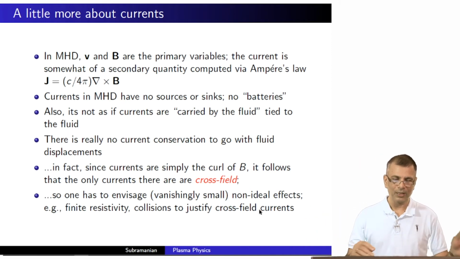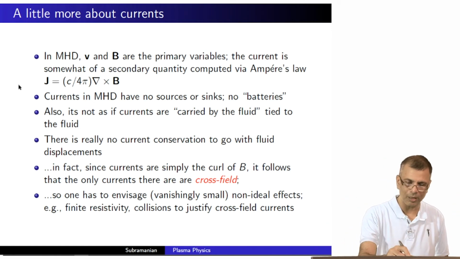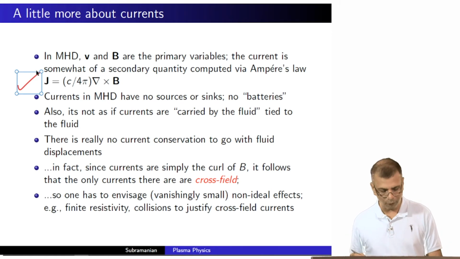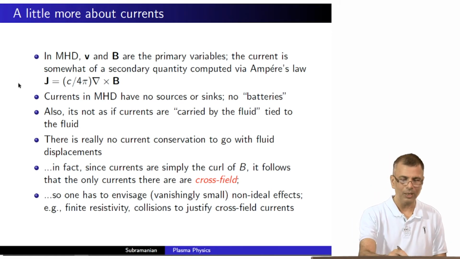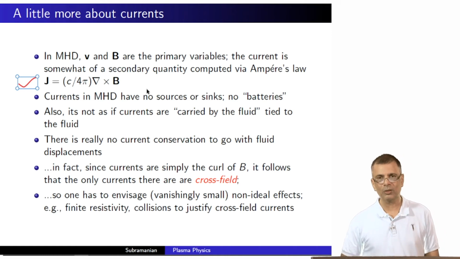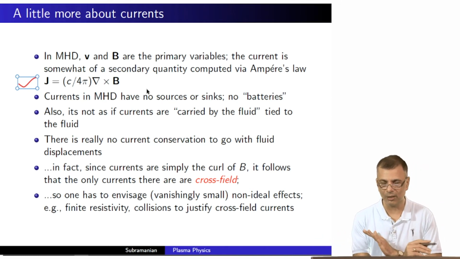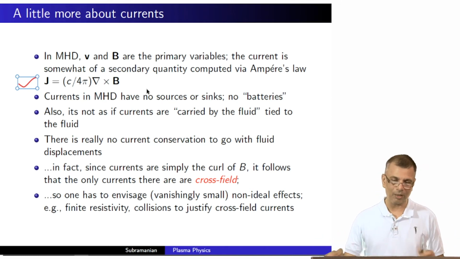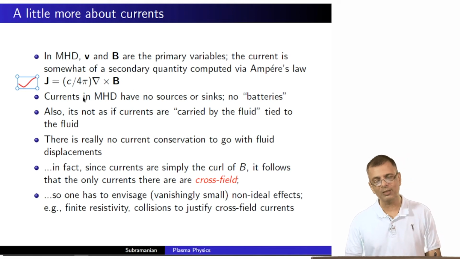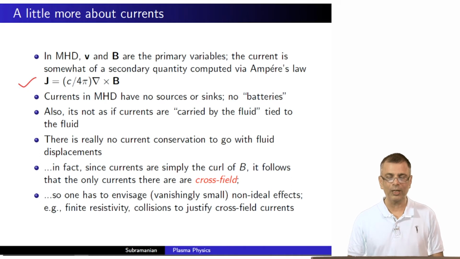There's really no point in trying to ascribe too physical a meaning to the current density J. I simply say that the current density is just this equation, so it's simply a proxy for curl of B. That is it, and there's no need to discuss any more. So these are some of the strange things about current density in MHD. I thought it was worth spending some time talking about it.